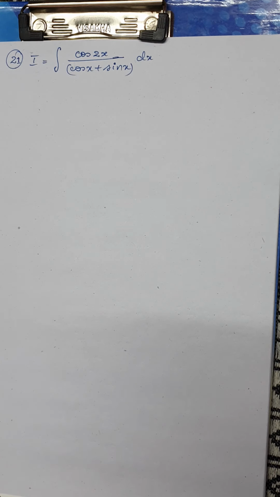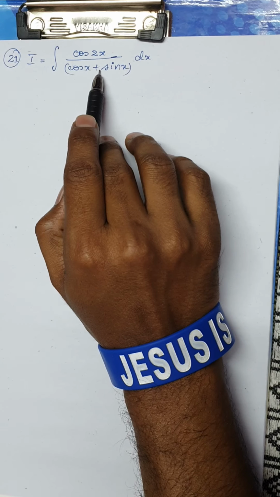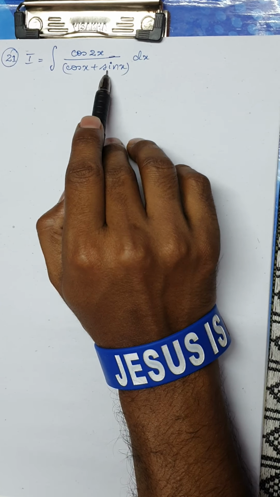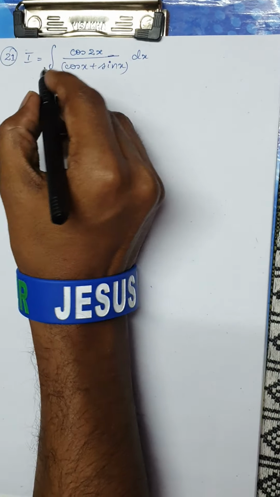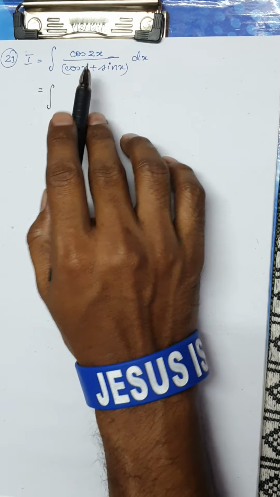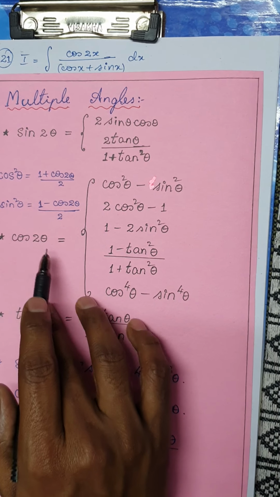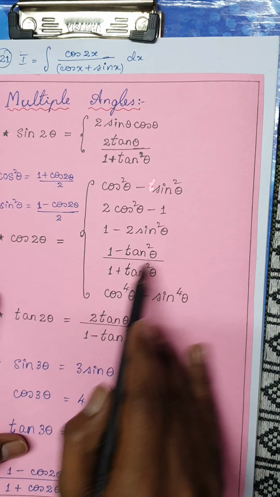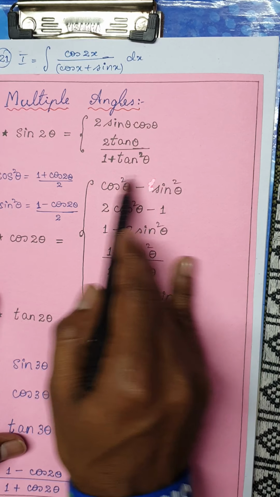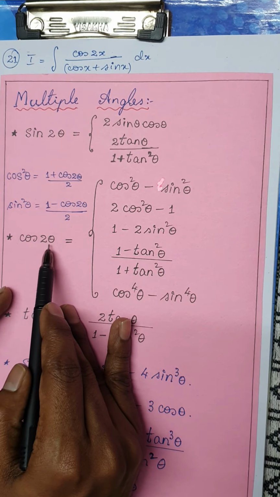The next integral I have is integral of cos 2x divided by cos x plus sin x dx. So this can be written as integral of, now as I told you, there are many ways of writing cos 2 theta. For this question, I'm going to consider cos square theta minus sin square theta, which is nothing but cos 2 theta.